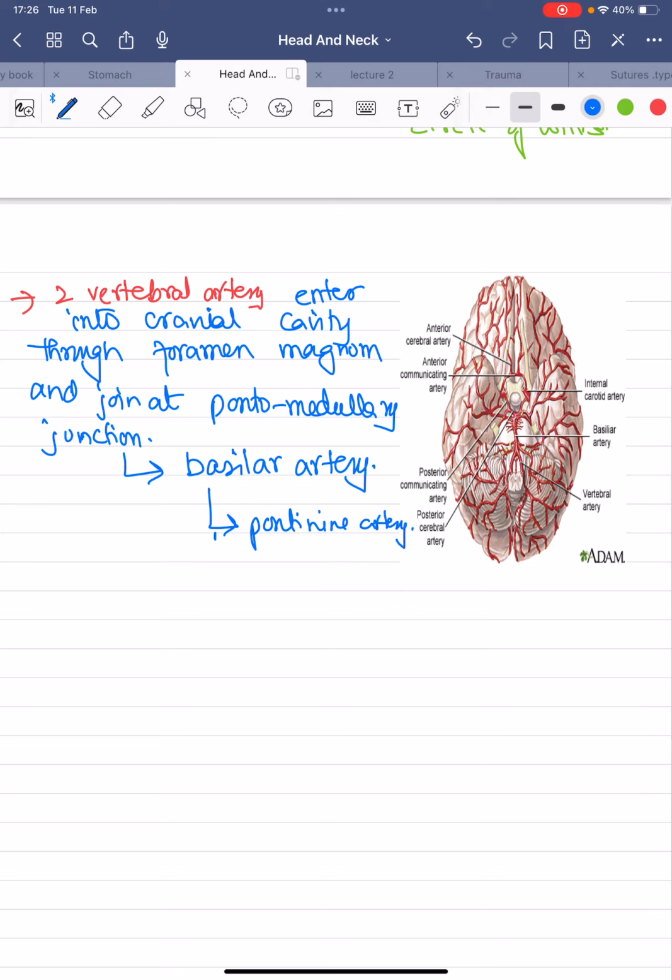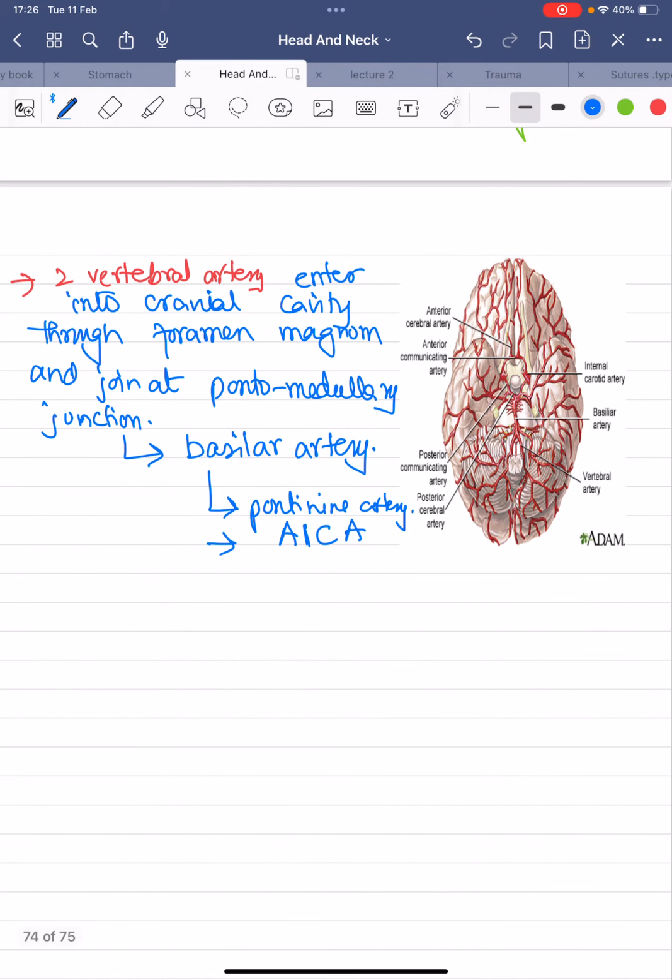It will also give a branch known as the anterior inferior cerebellar artery. Not cerebral artery, cerebellar artery. And it will also give a branch, the labyrinth artery.